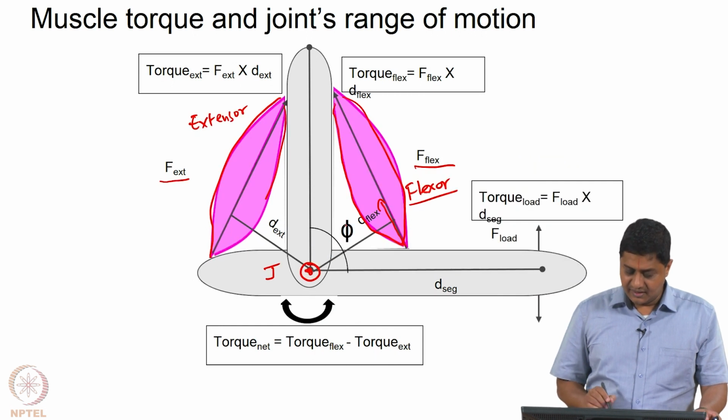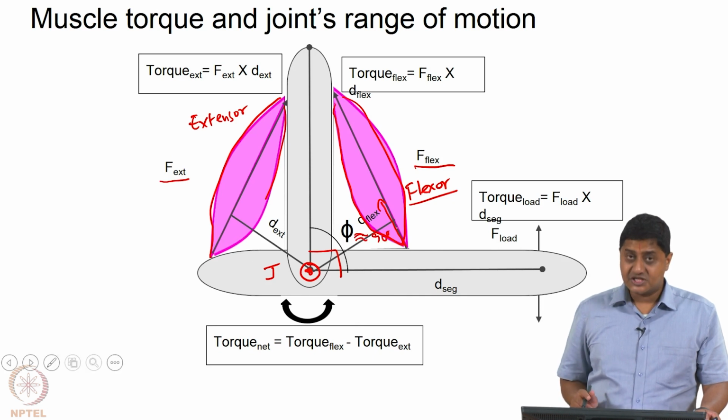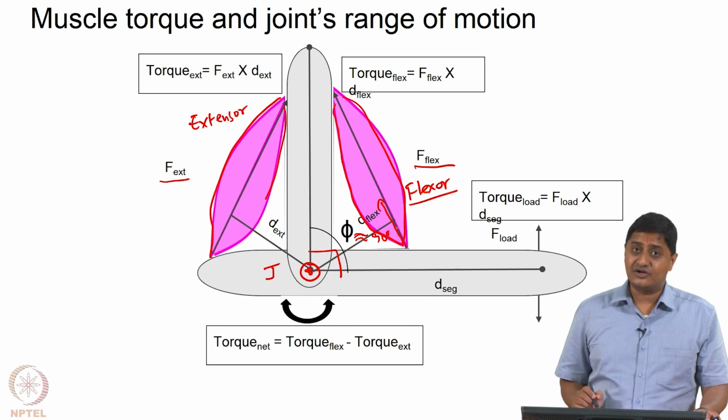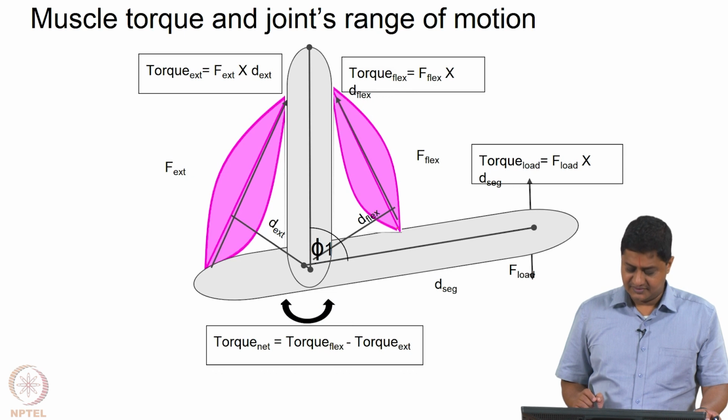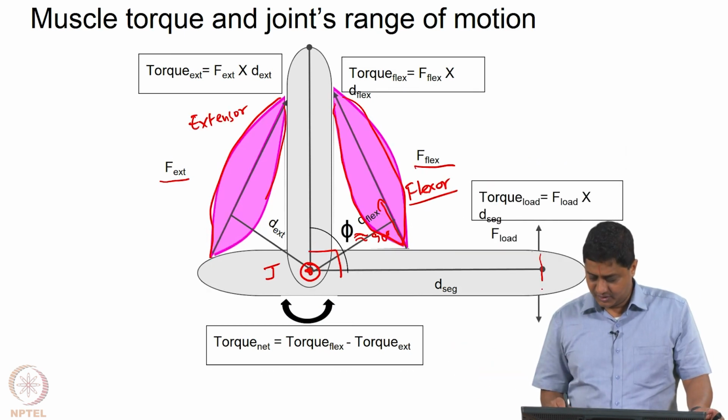So, earlier this was the configuration, earlier the joint was at approximately 90 degrees. Right. Suppose when the flexor muscle is contracting, then what happens is this, right. Say for example, at the end I am supporting a load here, some load, that value I am going to call F load.